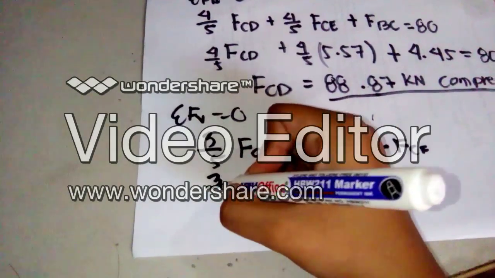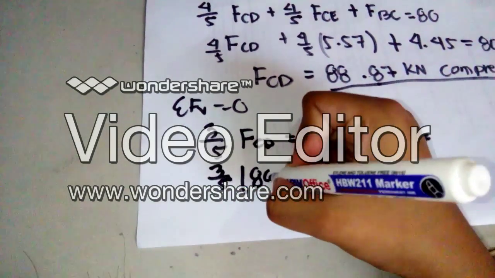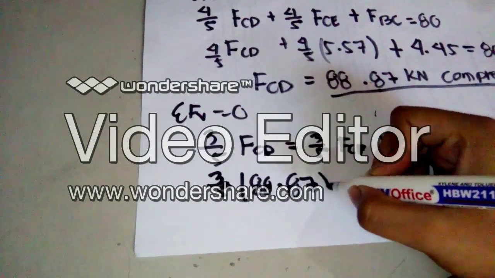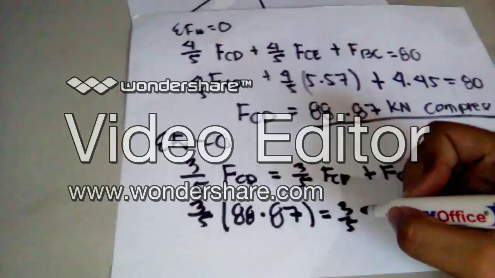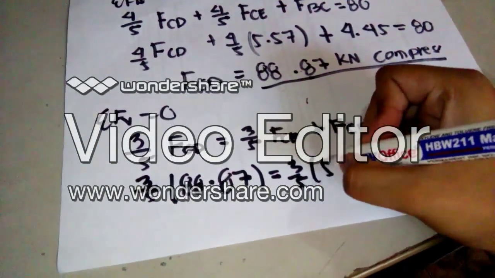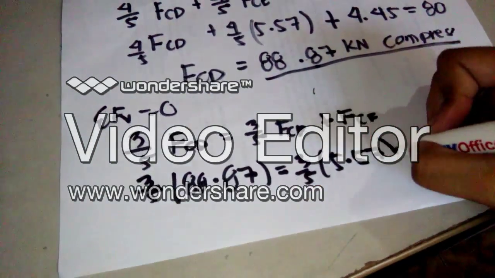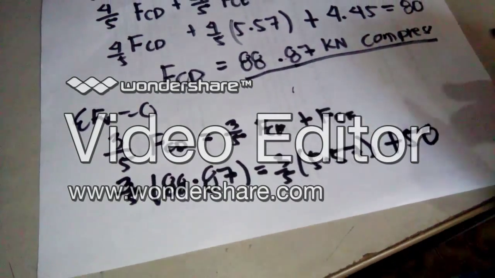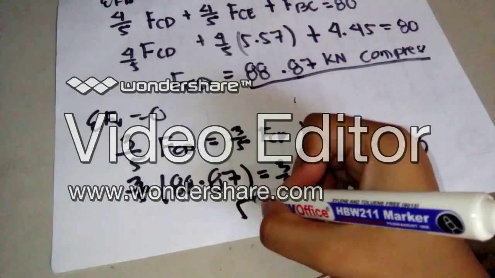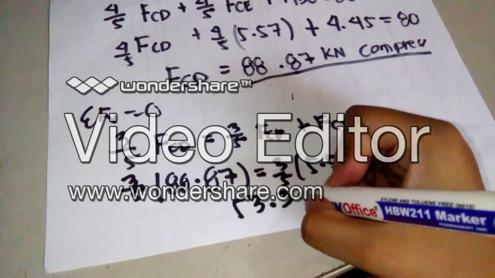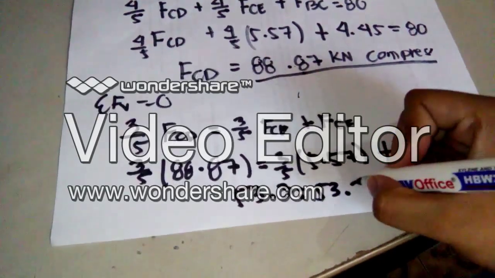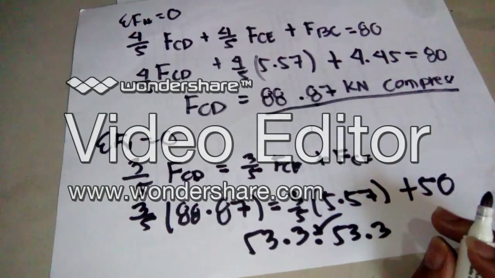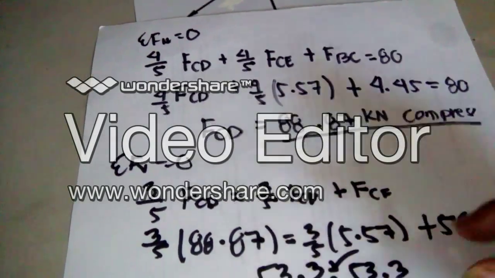Substituting the values, we have 3/5 of 88.87 is equal to 3/5 of 5.57 plus 50. We have 53.3 is equal to 53.3. So check, the values that we get are all equal. This is only for the checking.